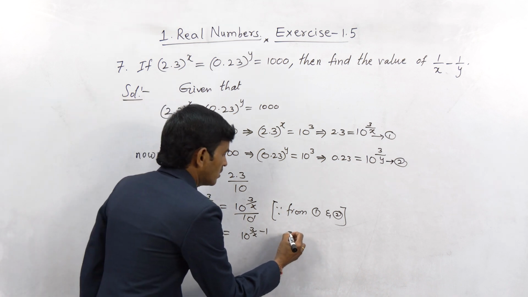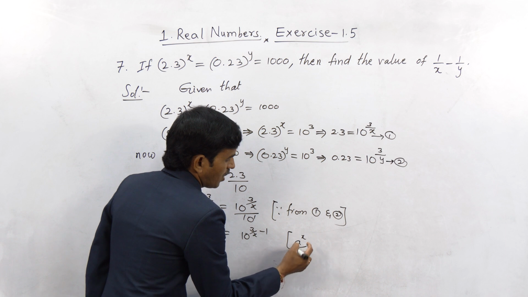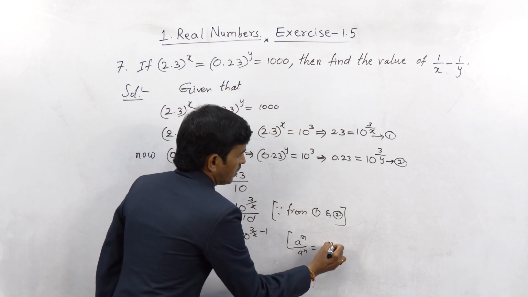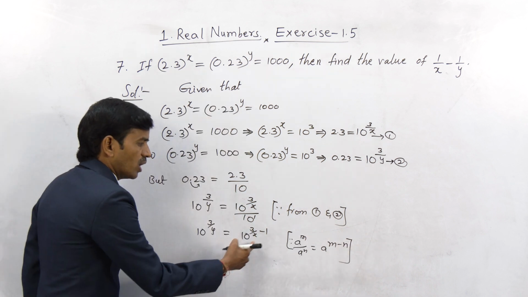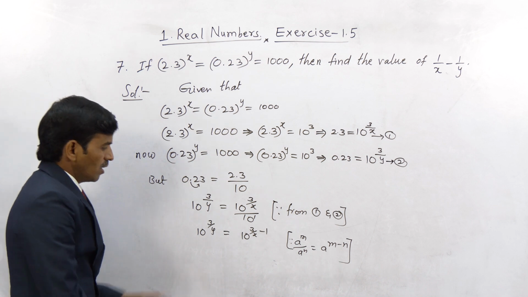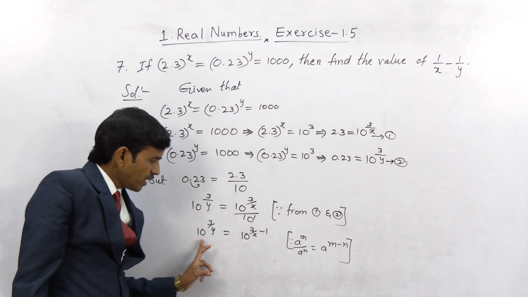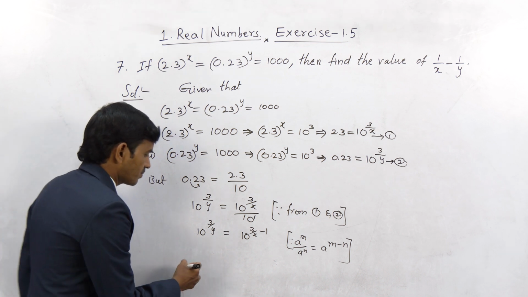As we know that a power m by a power n is equal to a power m minus n. So according to that we can write this as 3 power x minus 1. Now we can compare this. When bases are same, powers can be compared.